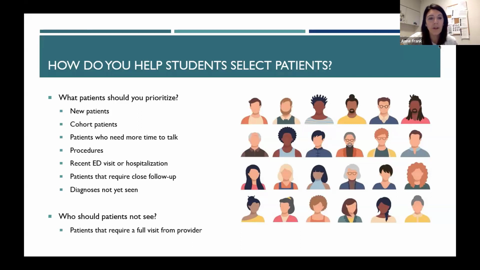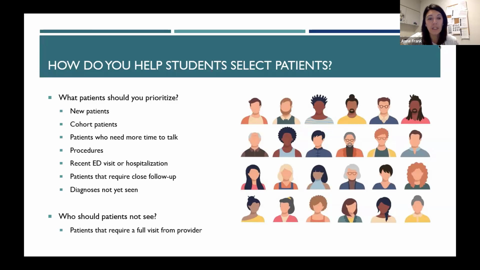Students will also follow cohort patients. If I'm thinking about what patients would be good cohort patients for students, I think about patients who have a lot of contact with the healthcare system, who have multiple subspecialists, who have been admitted recently or frequently, or who have been in the emergency department. I think about patients who need more time to talk.